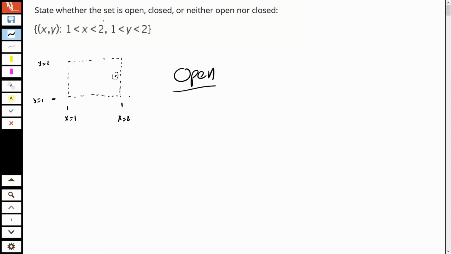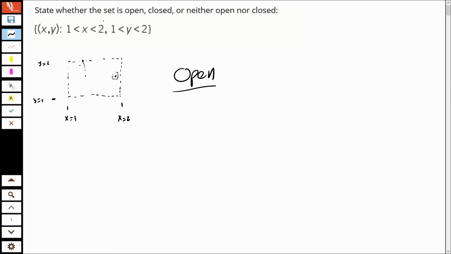Is it closed? To see if it's closed, can I find a sequence of points that converges to something that's not in my set? If I take a sequence of points going towards the boundary, all of these points are in my set, and they converge to a point right here on the boundary.